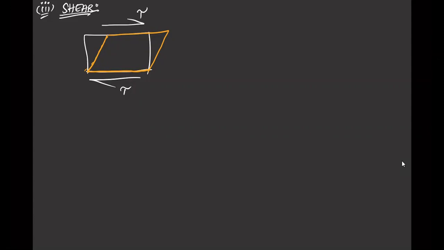So my shear strain will be equal to this theta. If you write tan theta, that will be opposite by adjacent. Say my shear displacement is some x, because of the shear force there is a displacement x.